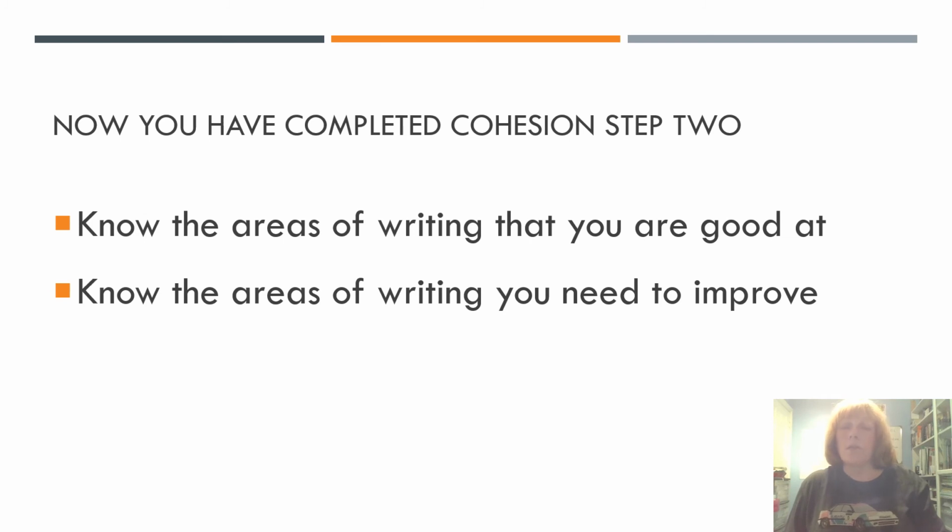Do you know the areas of writing you need to improve? That's important, isn't it? But also remember, as well as knowing the areas of writing you need to improve, you do need to start practicing those areas, because we often keep to the things we know we're good at and we don't always practice in areas that we think we're not as good at.